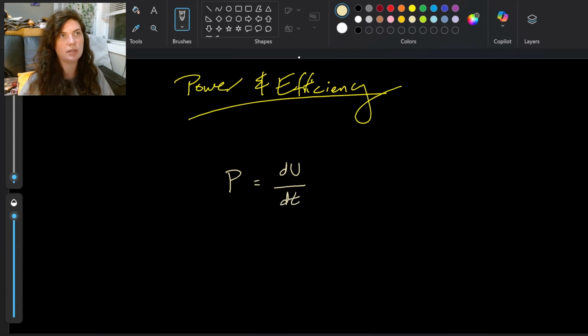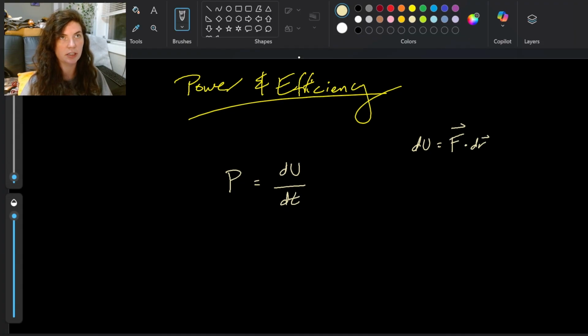So you'll see it sometimes as this differential. And as we've been working with work, we know that we had an equation relating this work and our forces and r, right? We had an equation that said our dU for our work is the dot product of our force and dr, right?